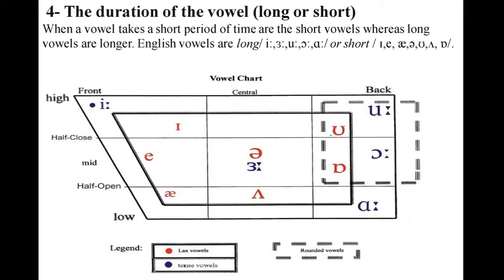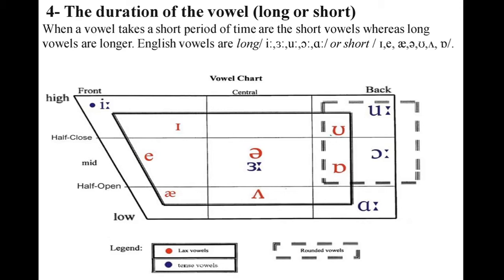In order to characterize vowels satisfactorily, the cardinal vowel system was introduced at the beginning of the 20th century by the English phonetician Daniel Jones.